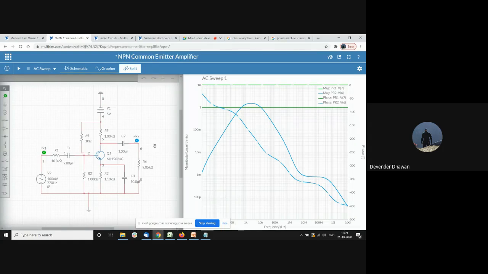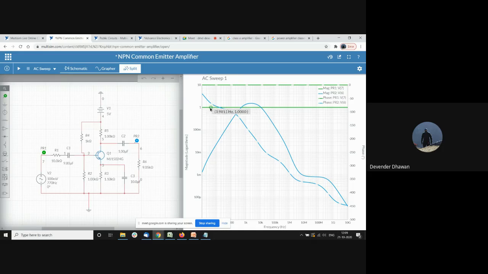If I do this AC sweep, you can see that around 500 hertz this output will cross my input. This is the green one, and it will increase, and start decreasing around 2.5k. Then by 10k, it will start deteriorating.